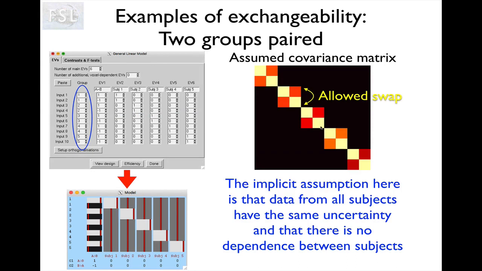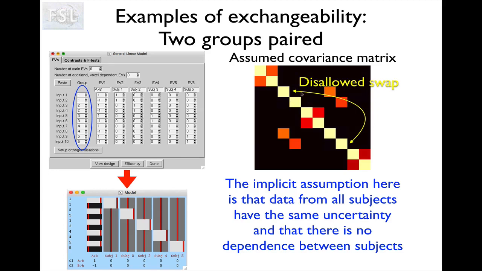And if there's no dependence between subjects, this is what the variance-covariance matrix is going to look like. And if I swap condition A and condition B in subject number 2, I'm not going to change anything. So the variance-covariance matrix is going to be exactly the same as before. So this is an allowed swap.